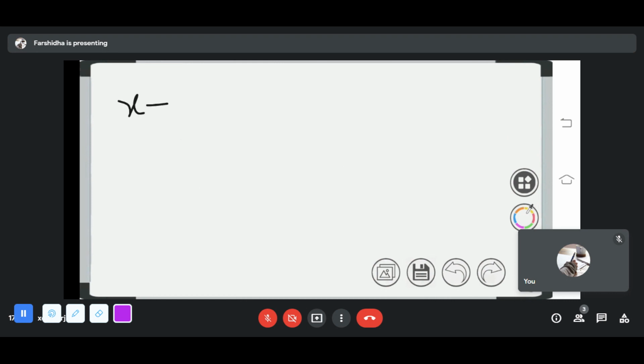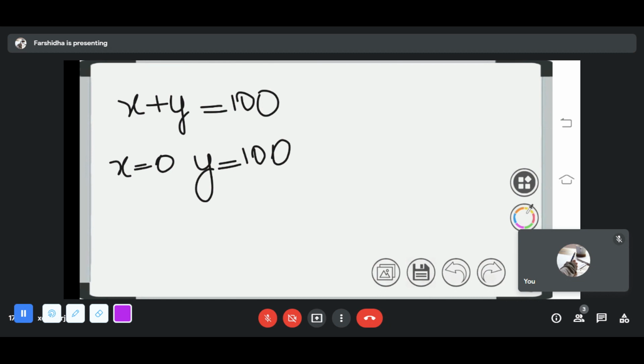See, x plus y is equal to 100. I'm taking x is equal to 0. What is the value of y? y is equal to 100. x is 0, what is remaining? y is equal to 100. Now I'm taking x is equal to, suppose, 50. Because it is such a big number, I'm taking 50.